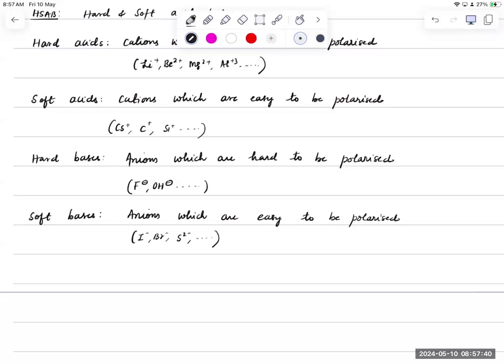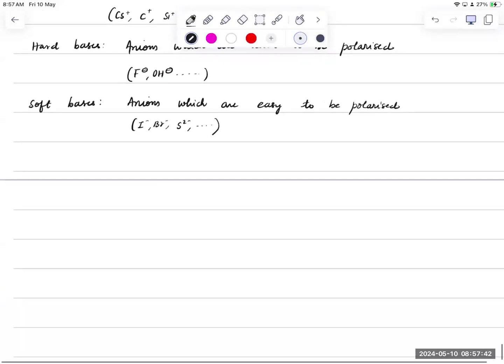And the basic principle here is the HSAB principle. Hard acid will always prefer to bind with hard base, and the same is the case with soft acid.